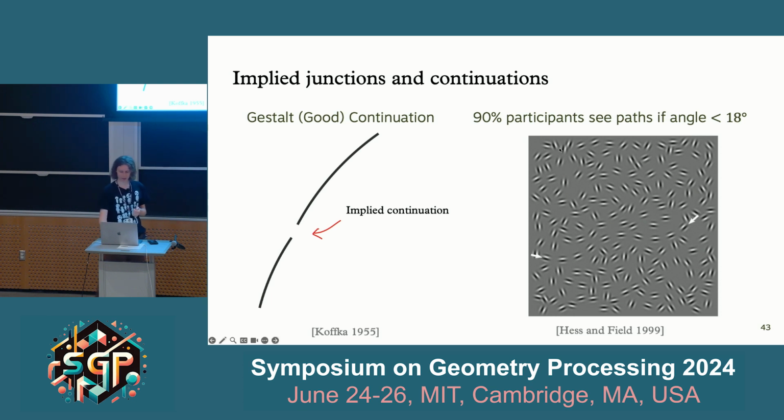And there were some experiments a little later to try to quantify what's the deal. So here, for example, you can probably see the contour starting from here until there. The experiment was that if these little pieces of strokes have less than 18 degrees between them, then our brain sees a solid contour.